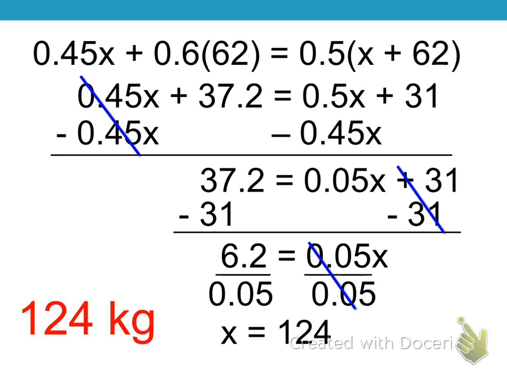But how did you get 124? When you divide by a decimal, you get a larger number.